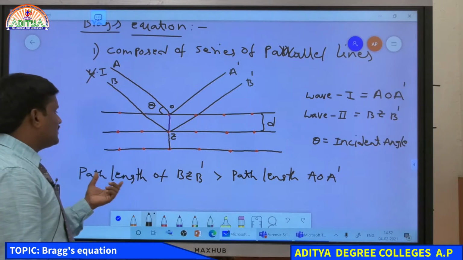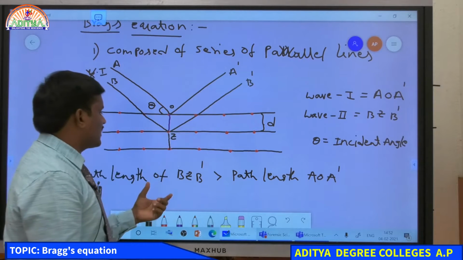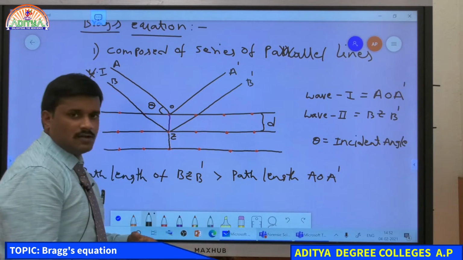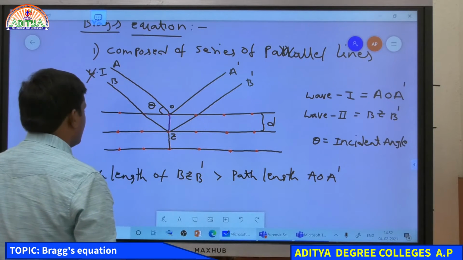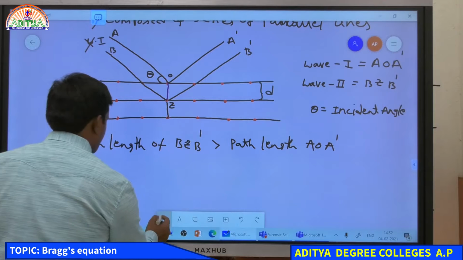Now the path length of BZB dash is greater than that of AOA dash. Now what is the path difference? To determine the path difference, draw perpendiculars.